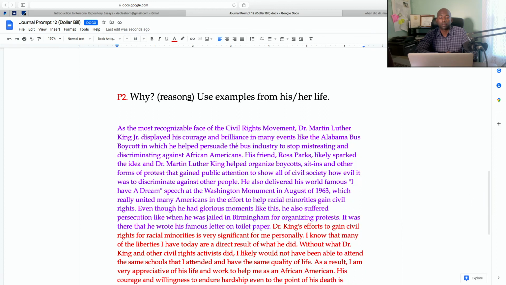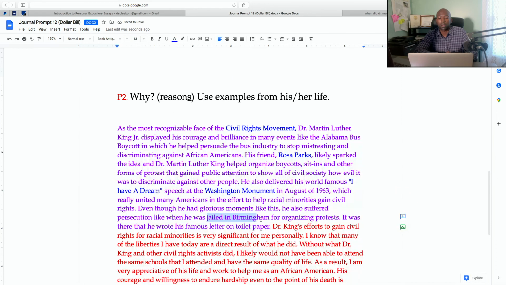Down here, I mentioned it again, but mention some other things. I mentioned another person like Rosa Parks, right? And I could keep going. The I Have a Dream speech at the Washington Monument. All of these are specific references of things. The jailing in Birmingham.